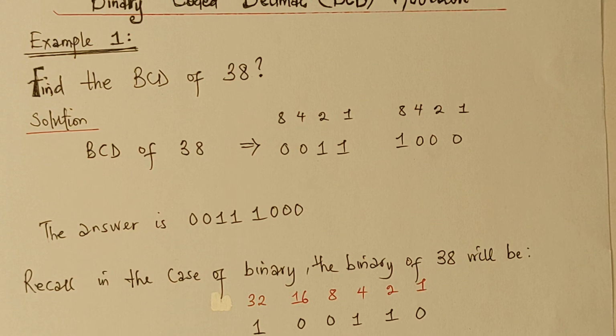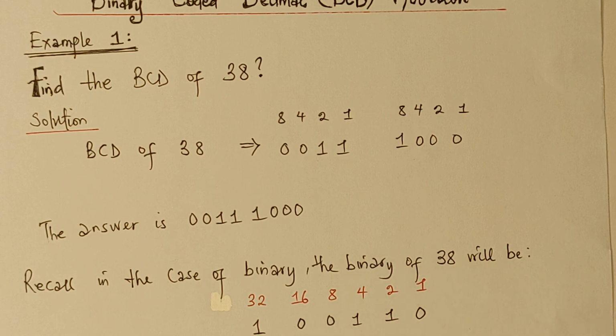Now, for me to get 38, I'm going to consider what we sum up to give me 38. And you can see that if we take 32 from 38, we are going to have a remainder of 6. So it means I can turn this on by representing it as 1. Now I have to consider values that will sum up to give us 6. And with that, I'm going to sum up 4 and 2. So with that, I'm turning that on.